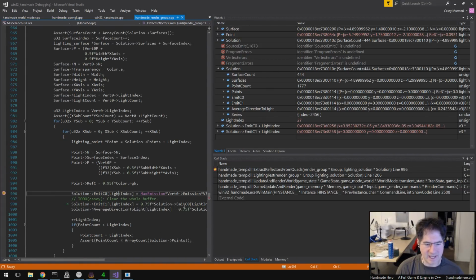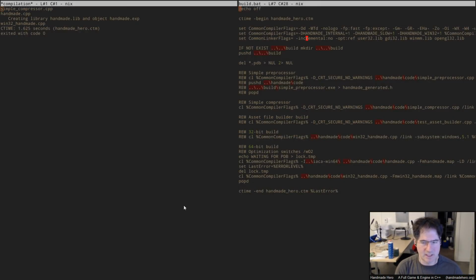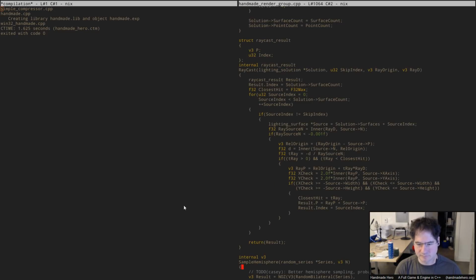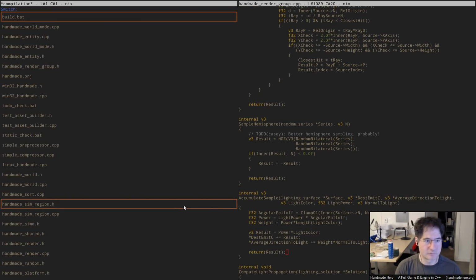But we are getting actual light values coming in here under emit C0, right? So we should be able to mix those values in. Let's see if we can do a better job of it.